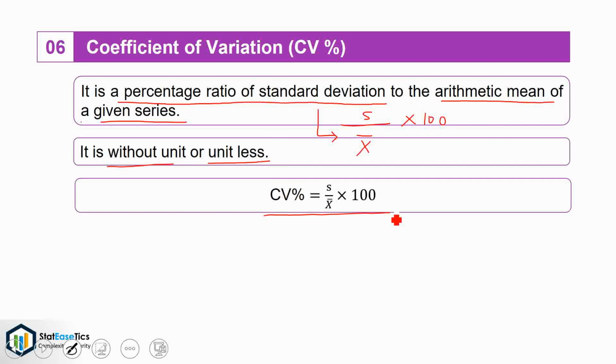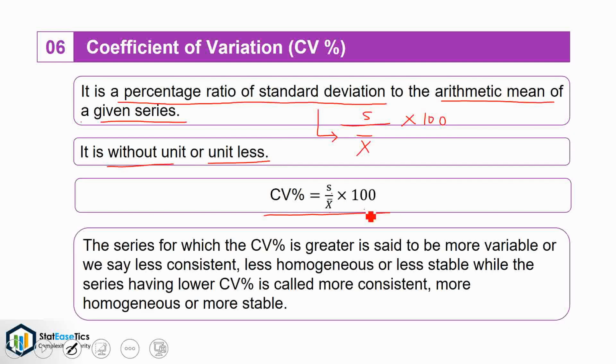CV% is equal to S upon x bar into 100. The series for which the CV% is greater is said to be more variable or less consistent, less homogeneous or less stable, while the series having lower CV is called more consistent, more homogeneous or more stable.